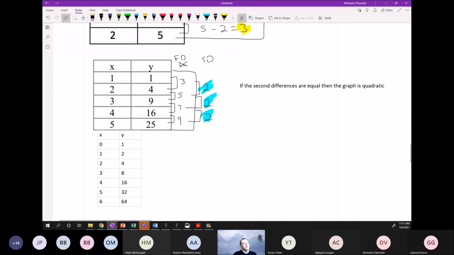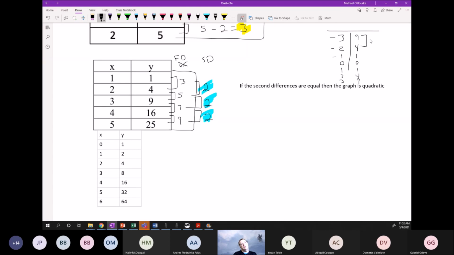Let me do one real quick here, and I'll graph it. So if I did -3, -2, -1, 0, 1, 2, 3, and then 9, 4, 1, 0, 1, 4, 9.